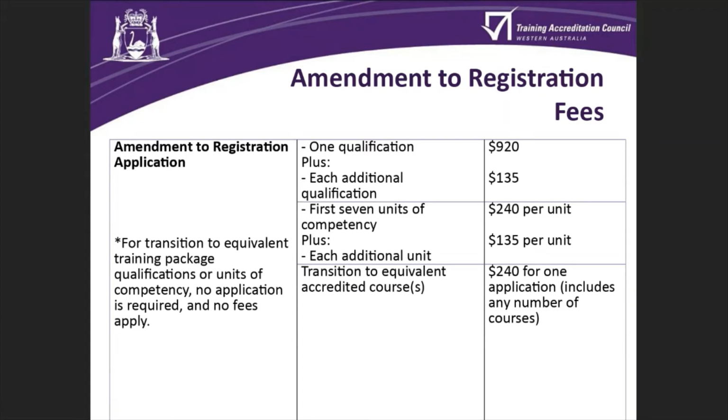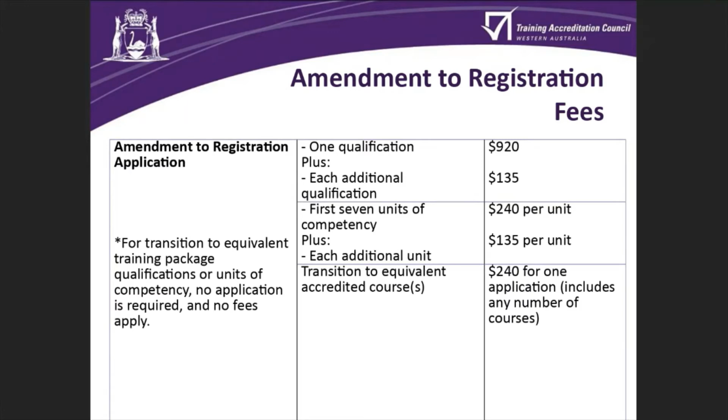You are, as I mentioned before, able to operate with either or both products during the transition period, and no fees are involved because you've not actually had to put in an application which has then had to be processed by TAC.